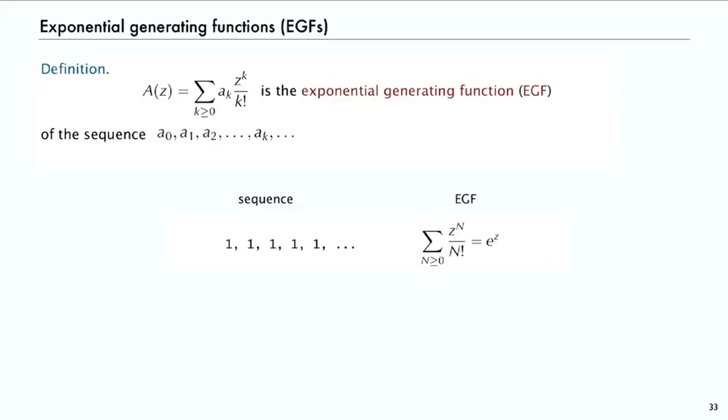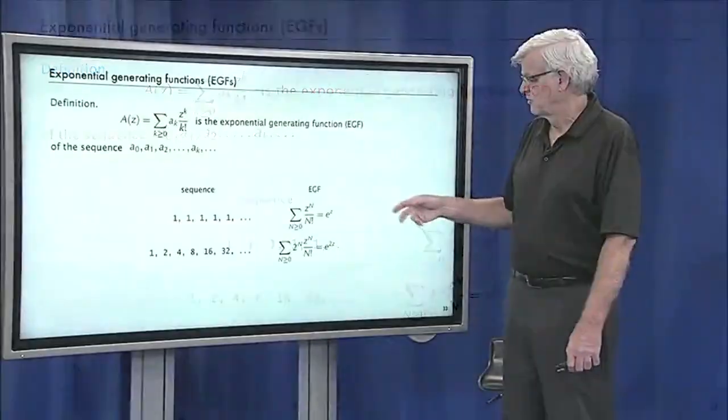So for example, the sequence of all ones, the exponential generating function that represents that sequence is the sum of z to the n over n factorial. And we saw that's e to the z. And the powers of 2, again, just do the math: 2 to the n z to the n over n factorial, that's 2z to the n over n factorial, that's e to the 2z.